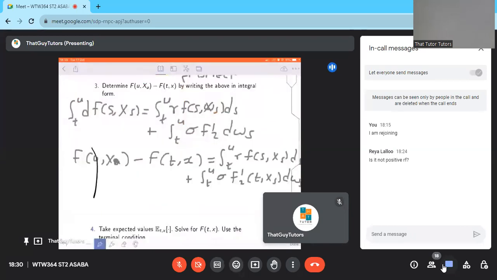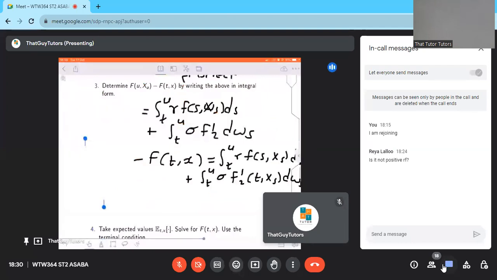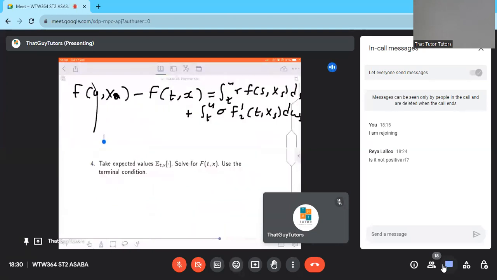Now the next step is, how do you find the expectation? This is usually the hardest part. To find the expectation, you would apply the expectation on both the left hand side and the right hand side. So you would have the expectation of f u x of u.